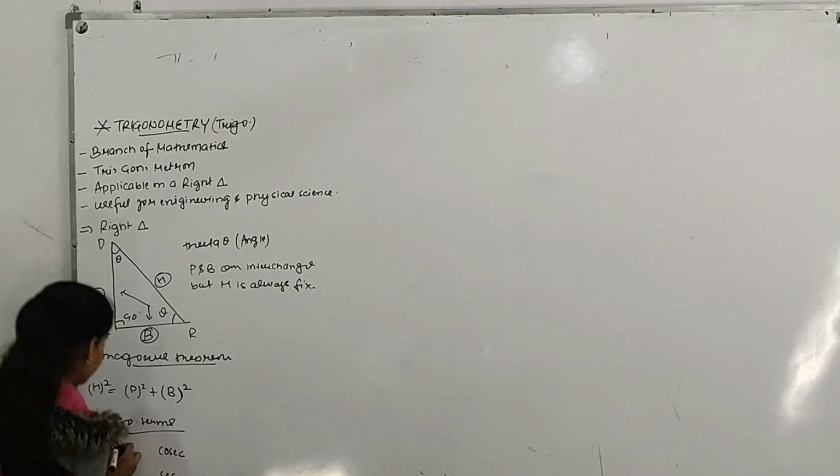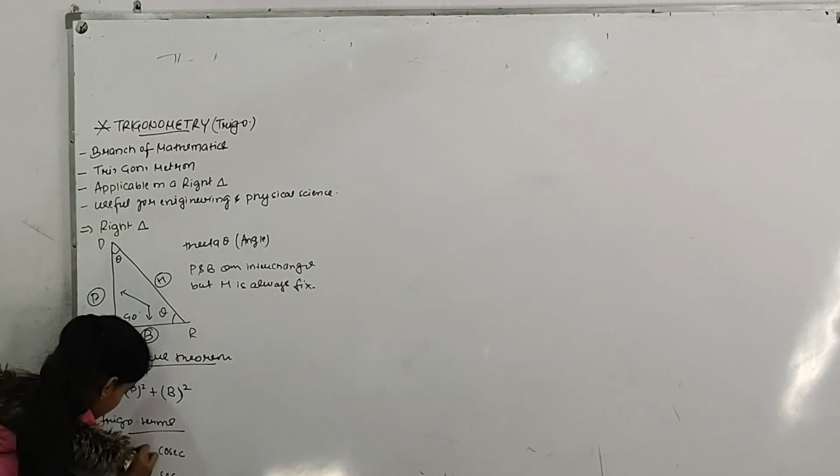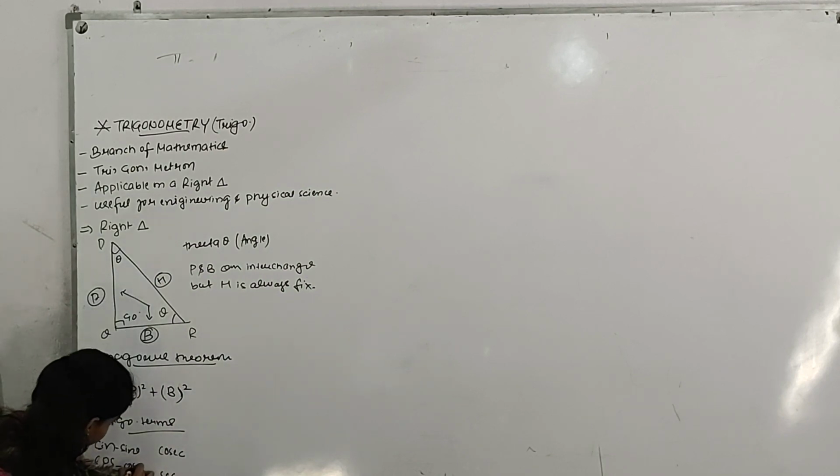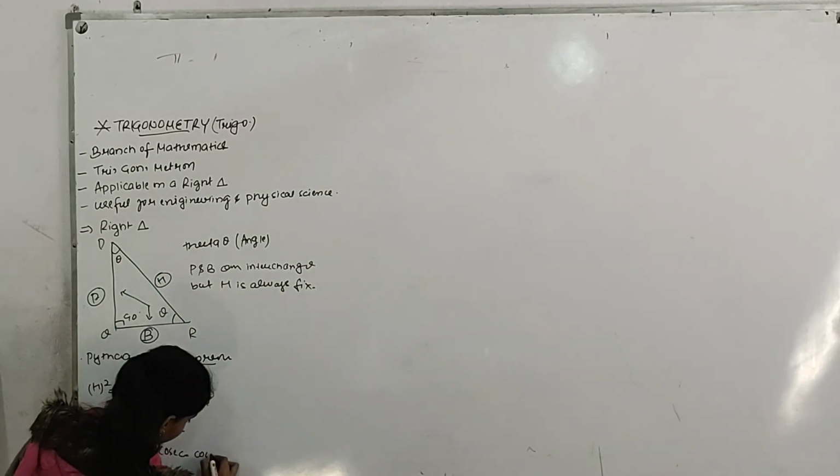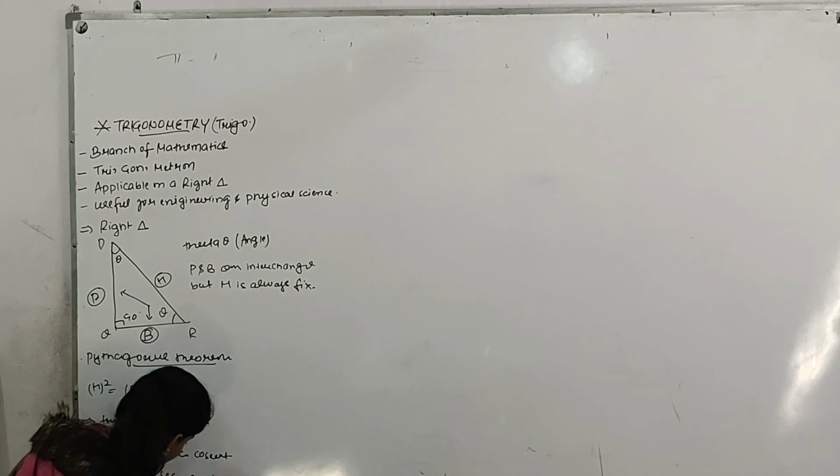Now sin is the abbreviation of sine. Similarly, cos is the abbreviation of cosine, tan of tangent, cosec of cosecant, sec of secant and cot of cotangent.